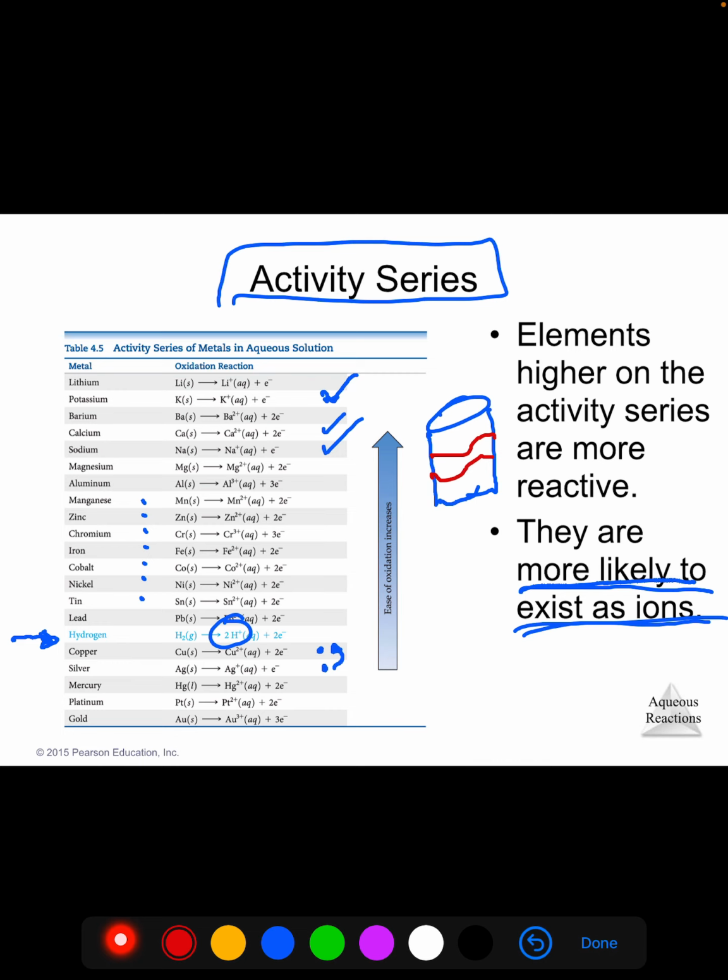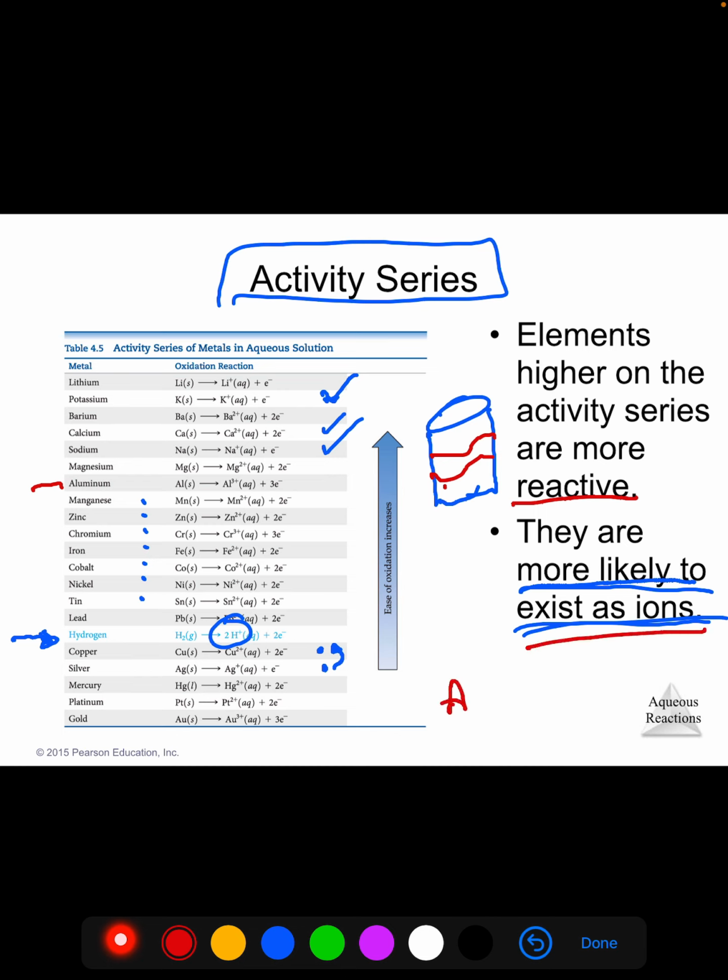But if I add a copper solution to it, you can see the can dissolve and solid copper precipitate out because aluminum is higher, is more reactive, and it's more likely to exist as an ion.